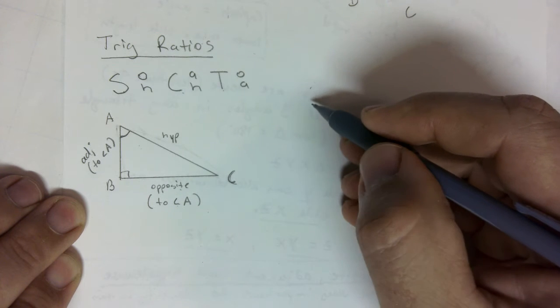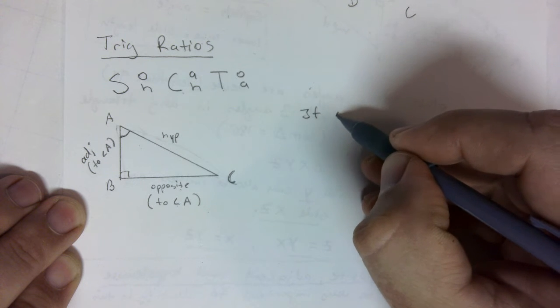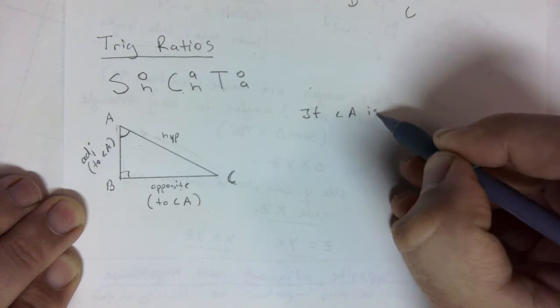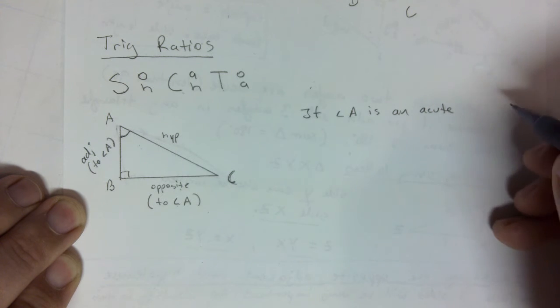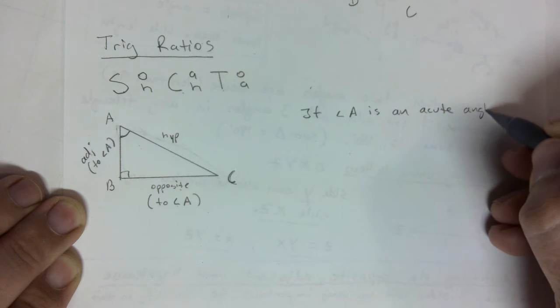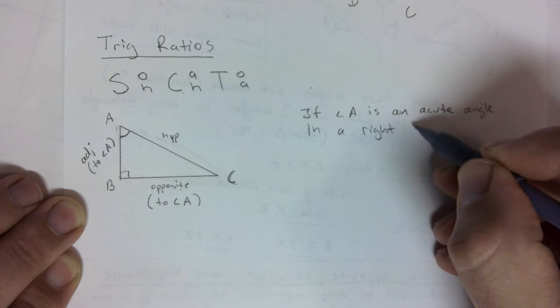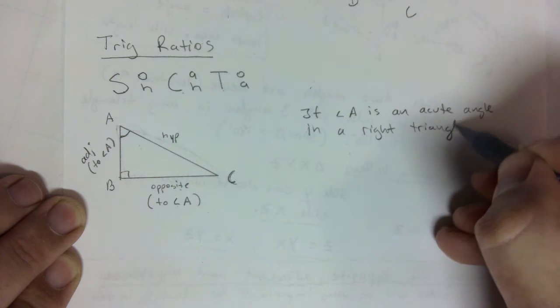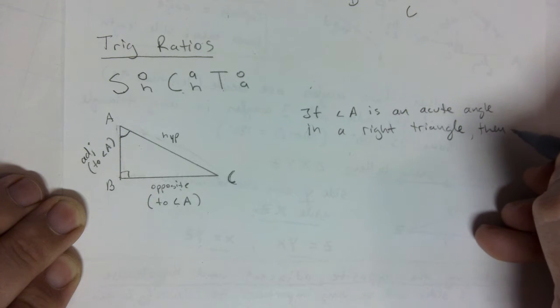And here comes the if: if angle A is an acute angle in a right triangle, then the following is true.